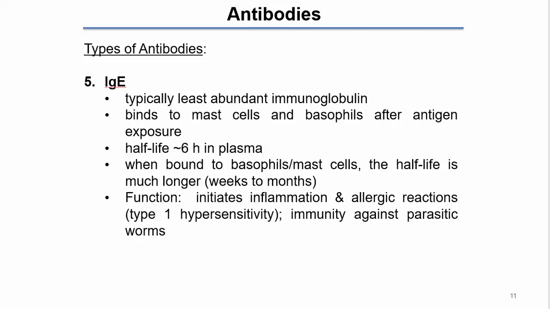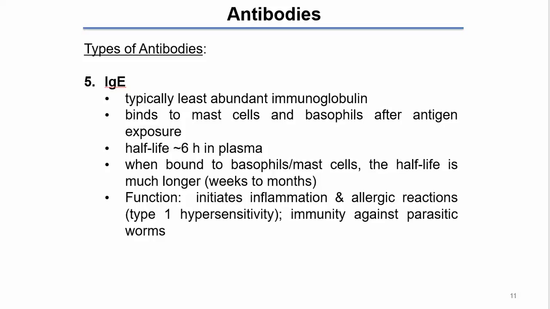Now, the last type of antibody is IgE. It's the least abundant, but potentially one of the more important ones for understanding how the body reacts to certain things.